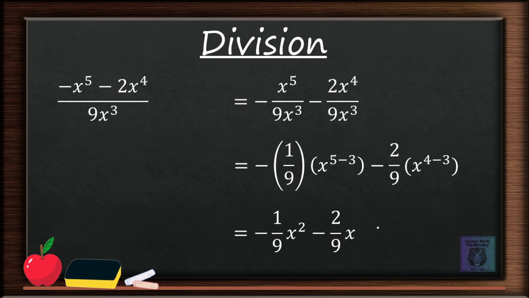And you can also go and rewrite it as minus x squared over 9 minus 2x over 9. You could even go and say minus, so it's x squared minus 2x over 9.